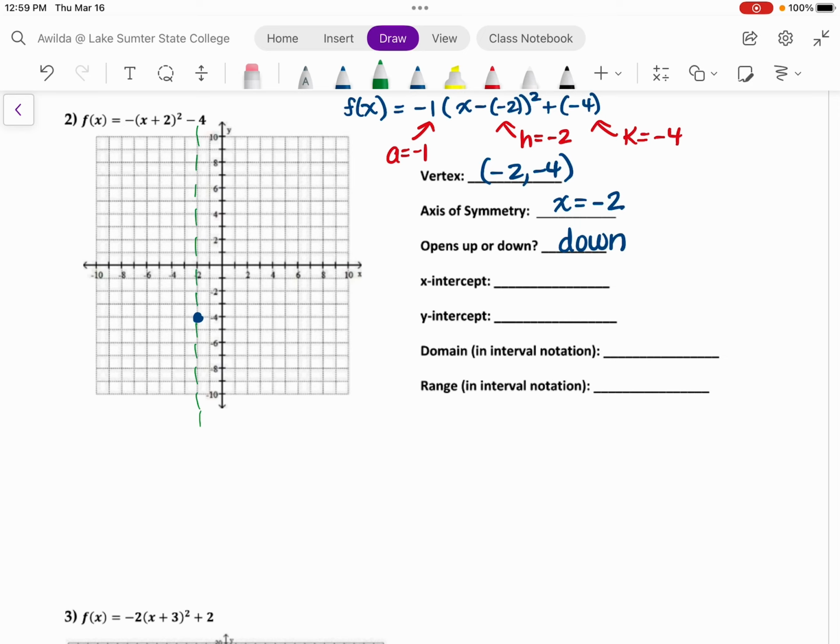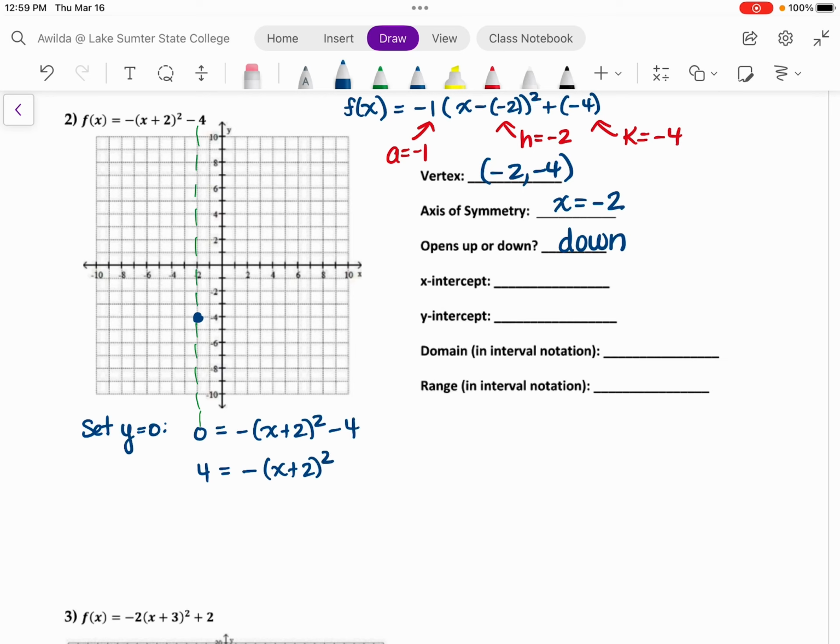Let's solve for the x and the y intercepts algebraically like we did in the last example. First, let's set y equal to 0. So if y is equal to 0, we have 0 equals negative (x plus 2) quantity squared minus 4. Adding 4 to both sides, we get that 4 is equal to negative (x plus 2) quantity squared.